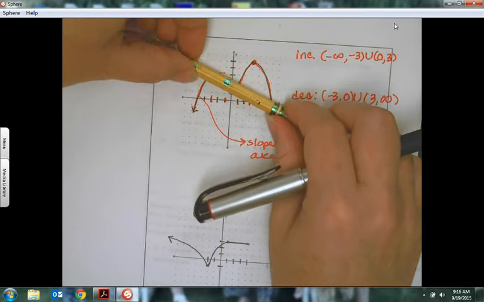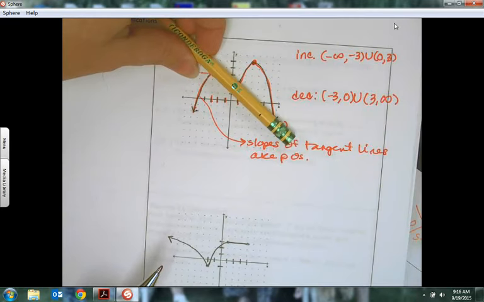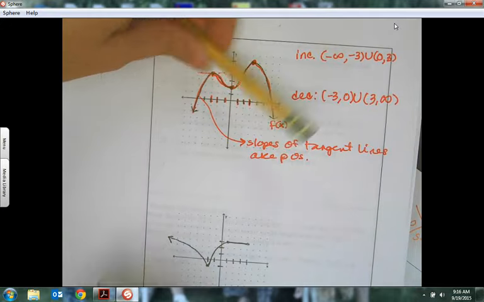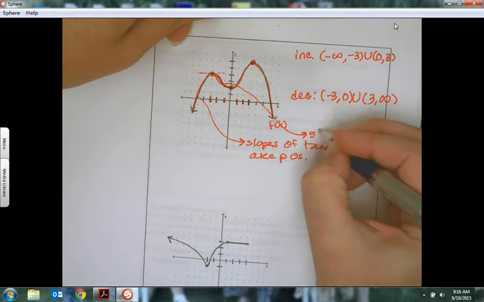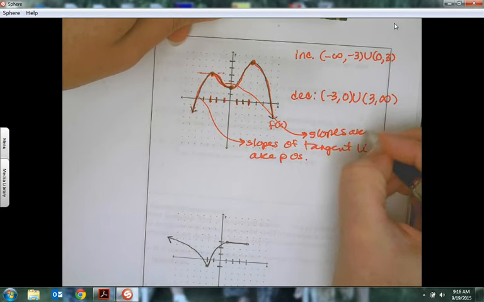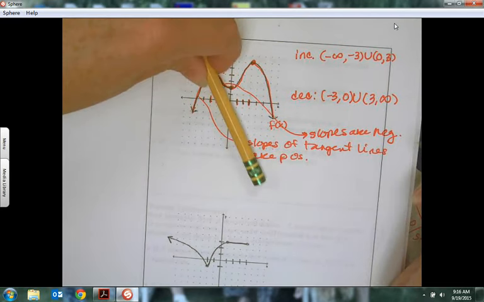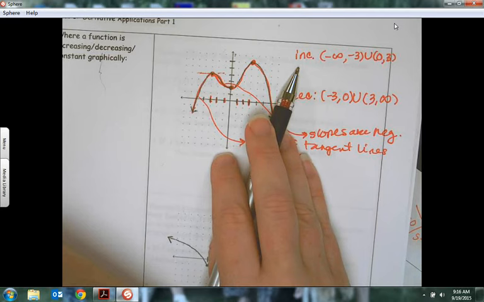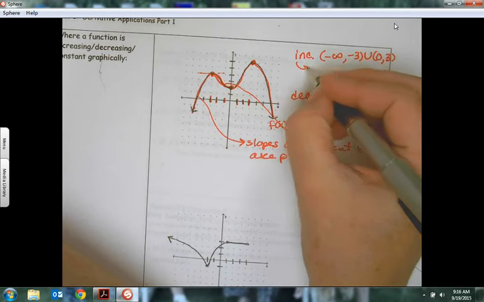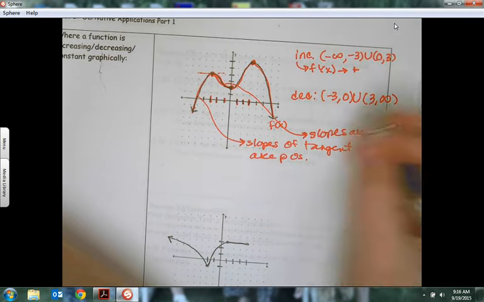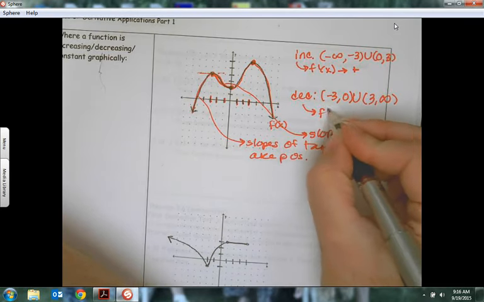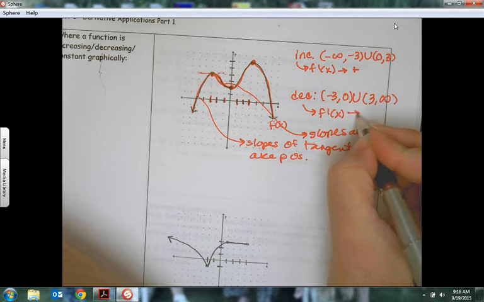Then it switches, and when I'm decreasing, all the slopes of the tangent lines are negative. So basically, if I'm increasing, I know that f prime of x is going to be positive. And if I'm decreasing, I know that f prime of x is going to be negative.